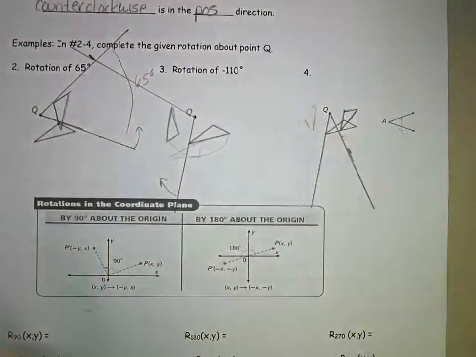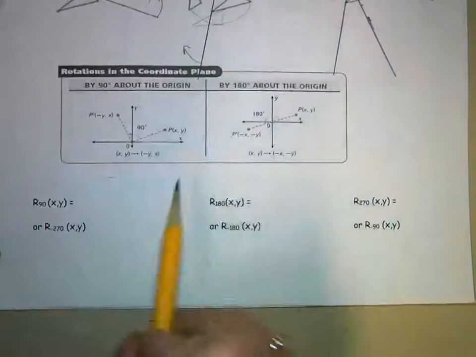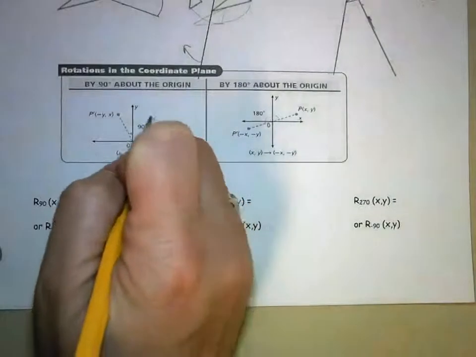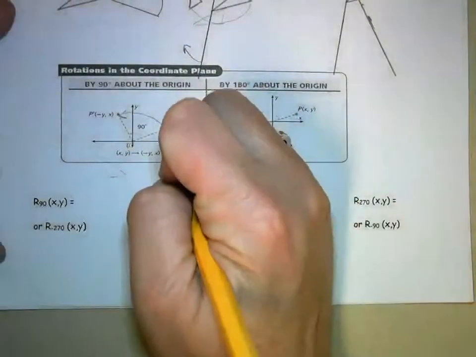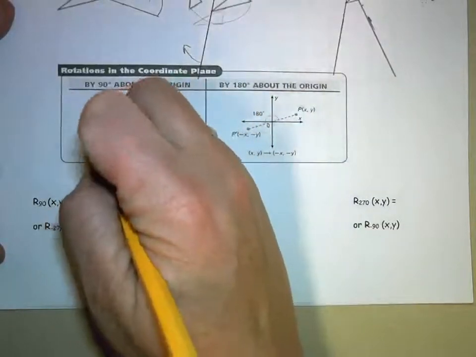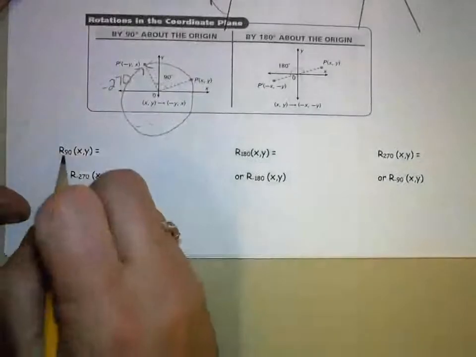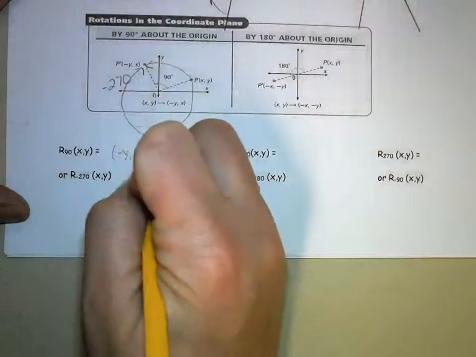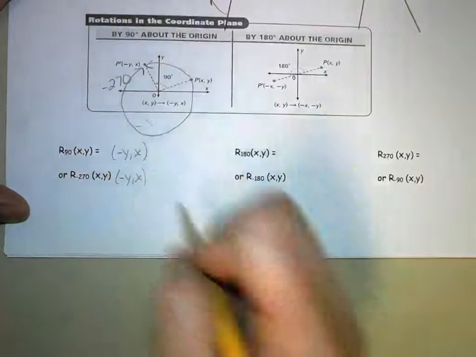Next thing we're going to do is some rotations on a coordinate plane. If you rotate 90 degrees, so you take this point right here and you rotate it 90 degrees, that is the same as rotating it this way, which would be a negative 270 degrees. And that point (x, y) becomes (-y, x).